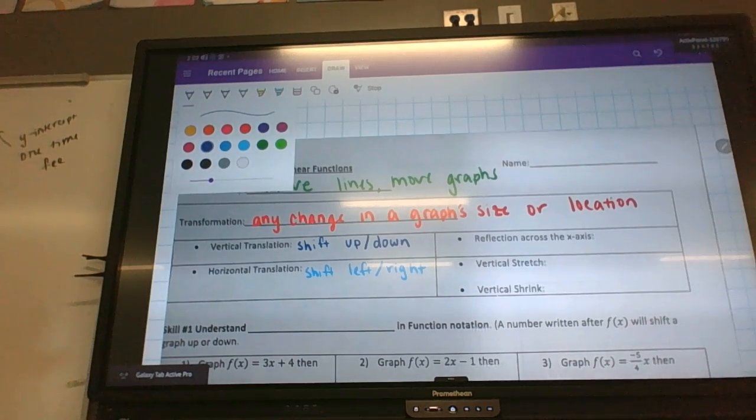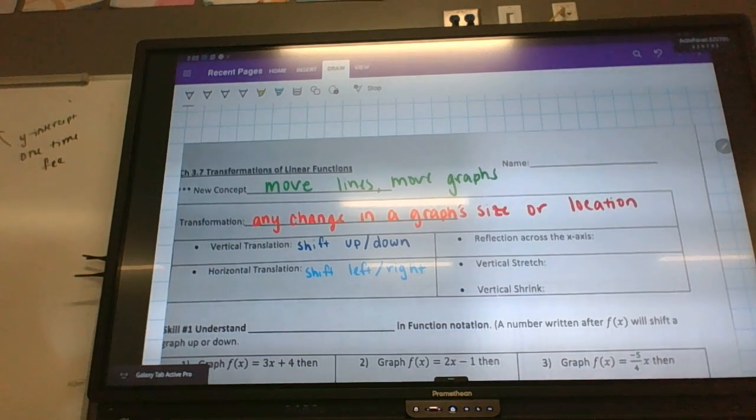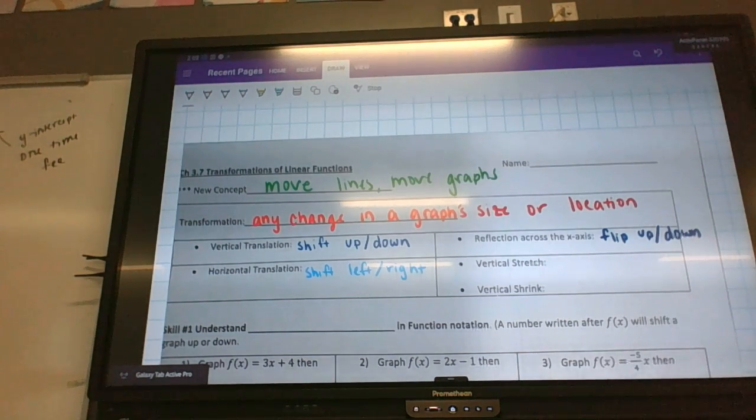A reflection, you guys know, is a flip. If you flip across x, you flip the graph up or down. Reflection, that is mirrored over.